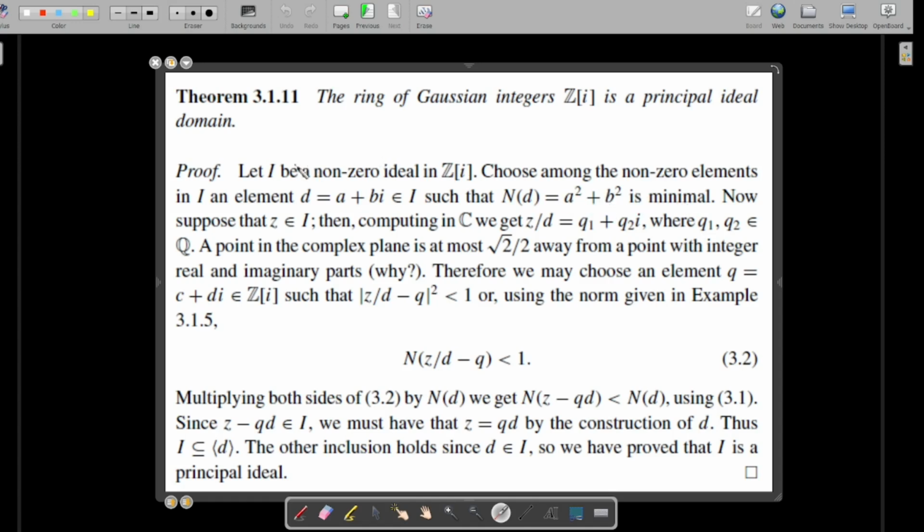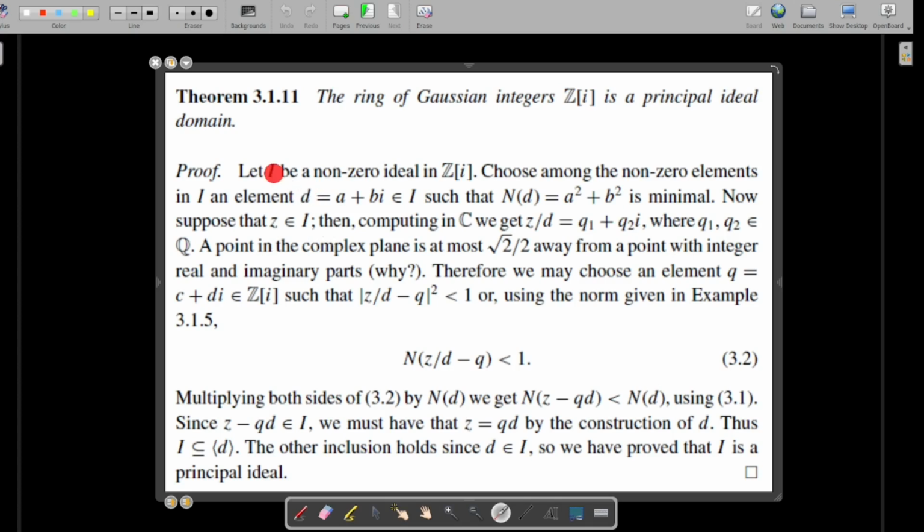That is, we are taking I as a non-zero ideal in Z[i], so I contains non-zero elements. We are considering all the non-zero elements in I. The element having norm of d equal to a squared plus b squared minimal. So among the elements of I, the element which has least norm, we are taking as d. And we will show that I is generated by this particular d.